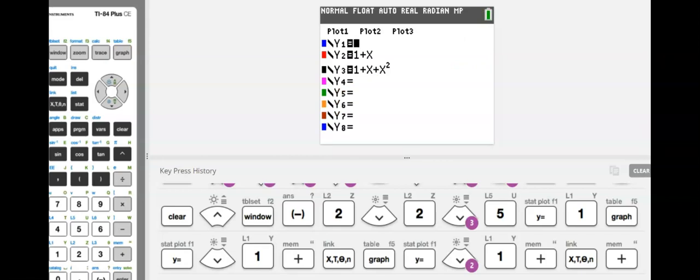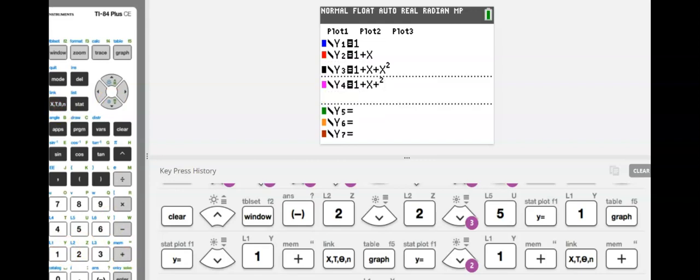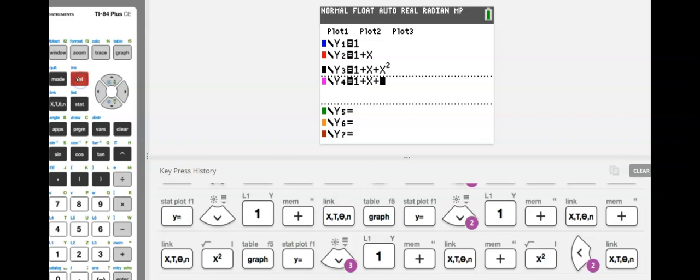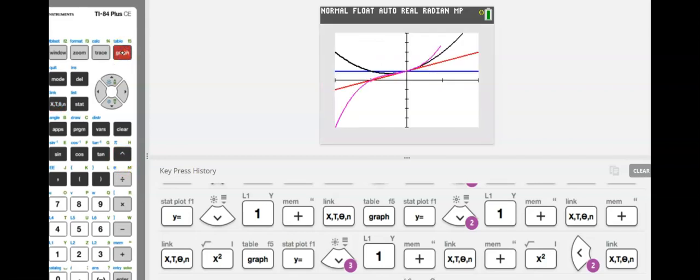Then I'm going to do one more, or a couple more. So let's go 1 plus x plus x squared plus x to the third. All right, so that's our next one.